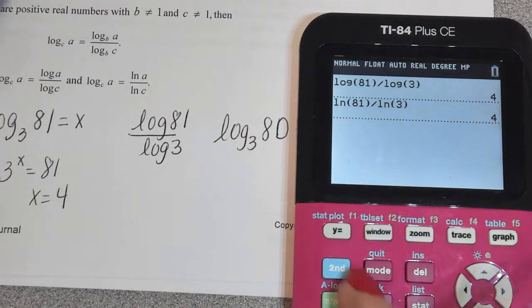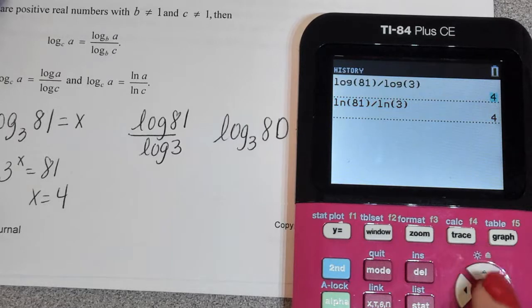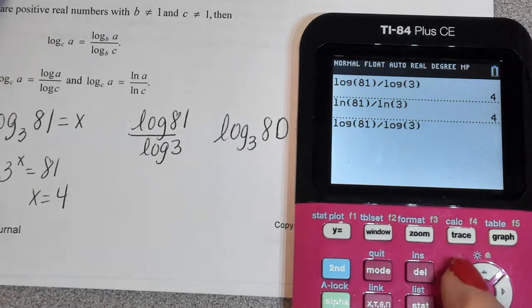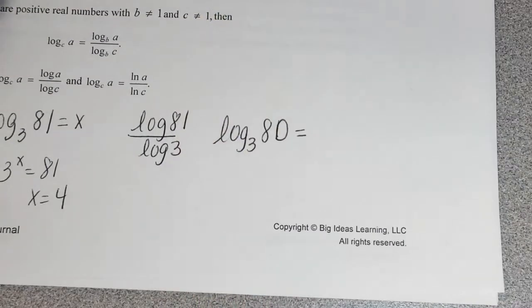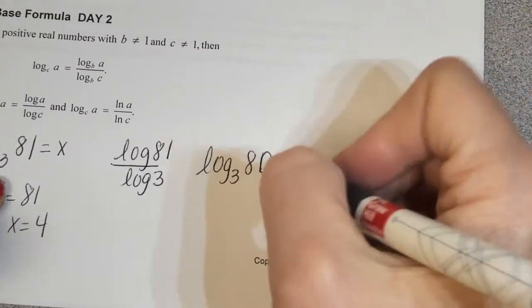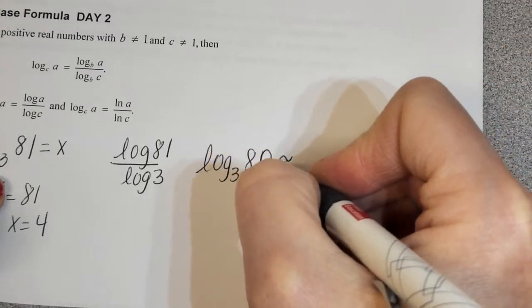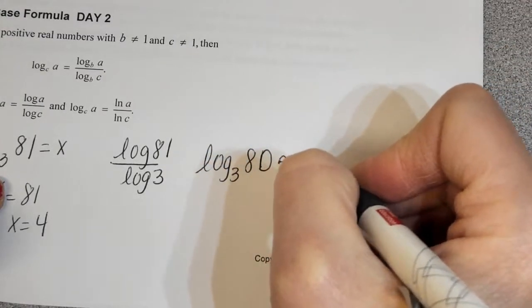So to do that, I can go back up to this one. I'm just going to edit this one, and I'm going to change it to log 80 instead. And see what our answer is? 3.99. But it's not exactly 4. It's a little bit smaller than 4. All right, let's take a look at some more problems now. This would be an approximation, so we use the squiggle equal signs.